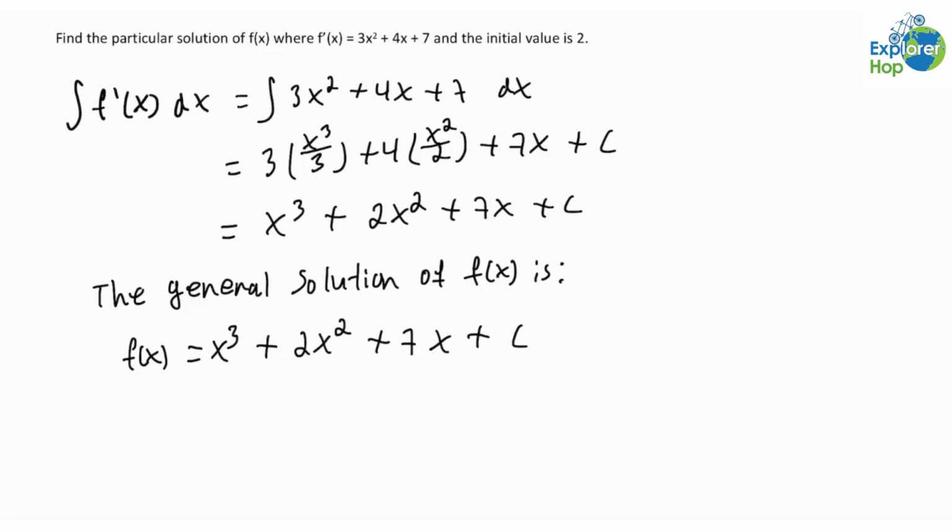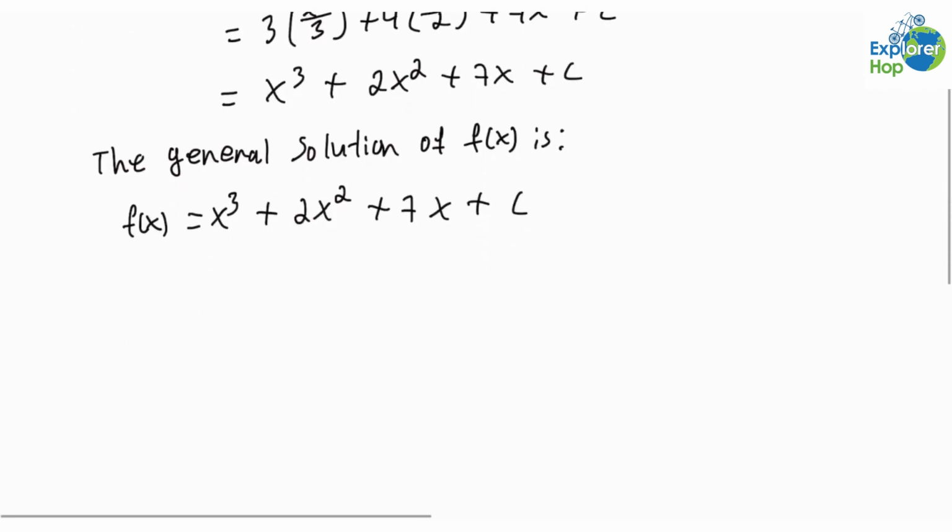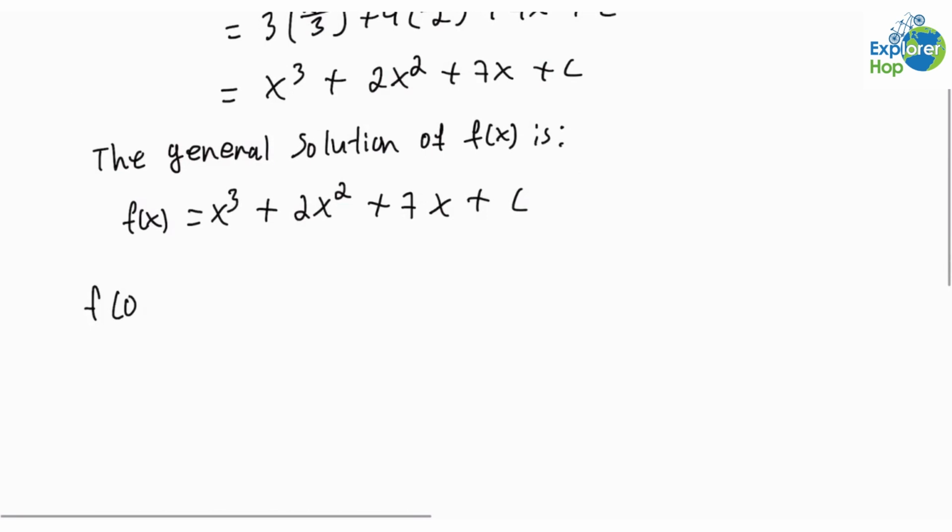Now, since we're told that the initial value is 2, this means that f of 0 is equal to 2. So we sub the point 0, 2 into the general solution and solve for c to find a particular solution.